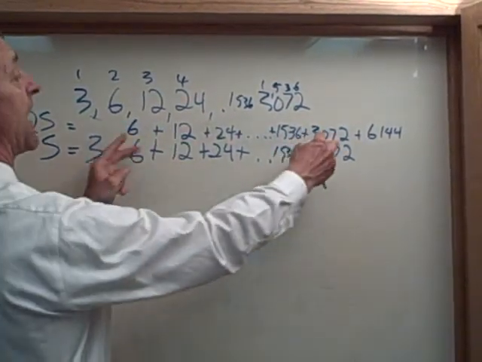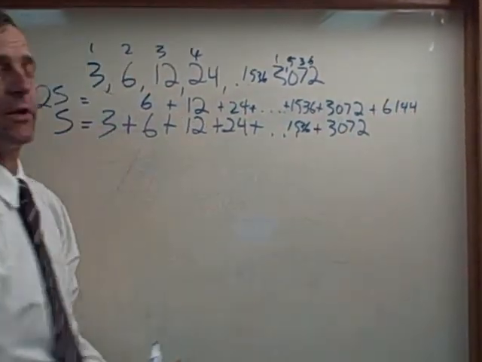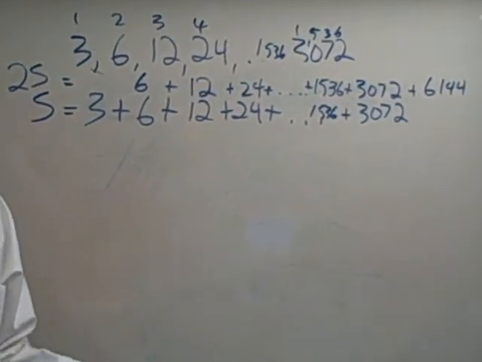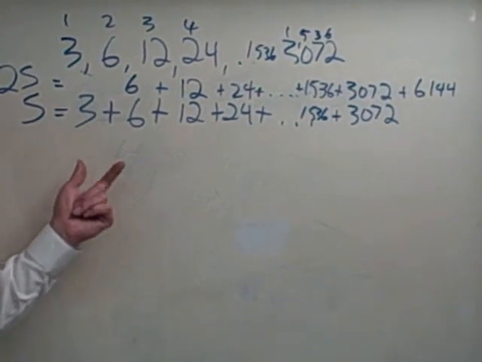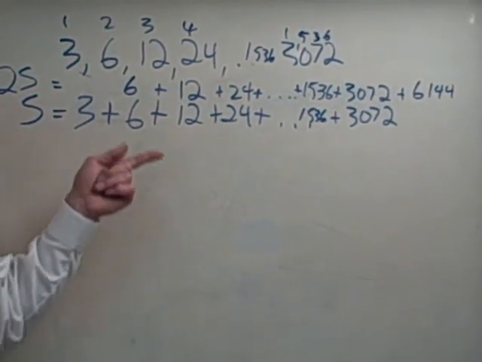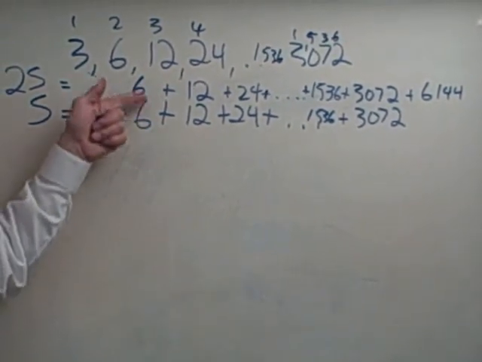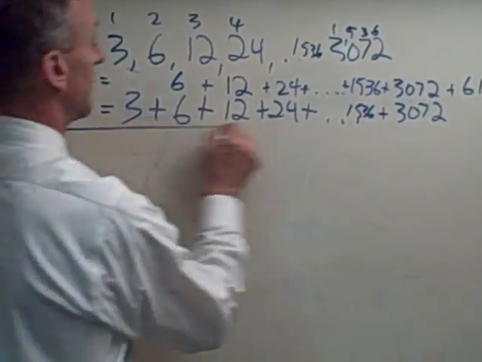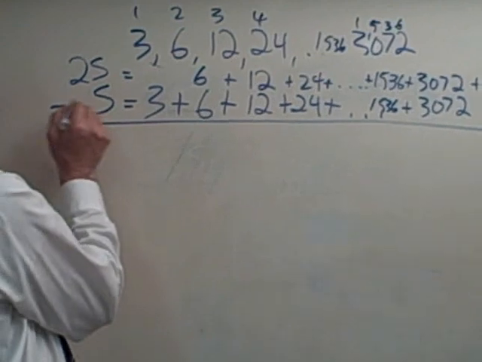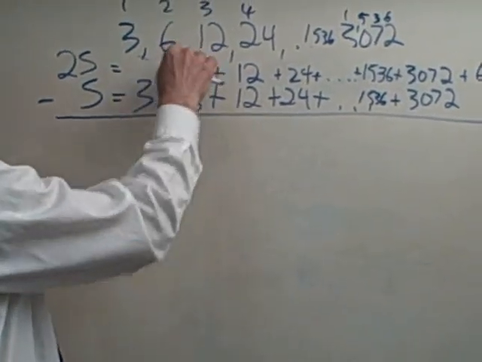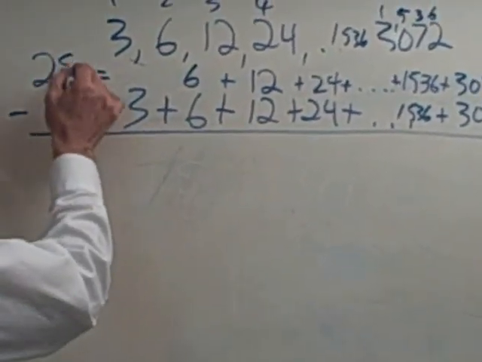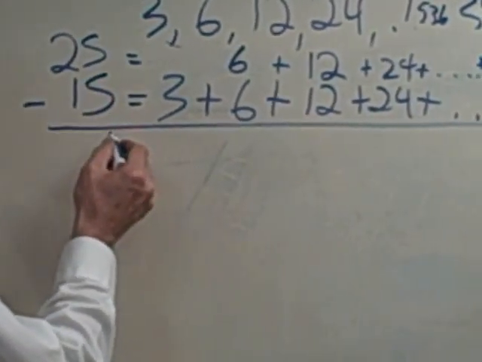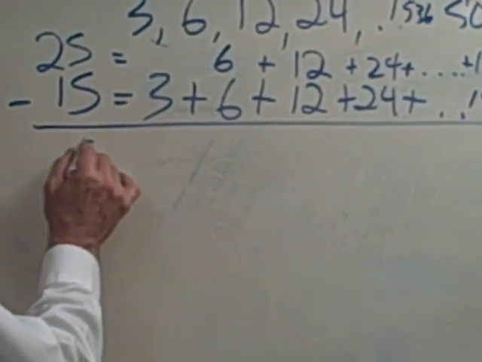And on this side, I kind of staggered it 1 unit to the right. The reason for that I'll show right now. We learned in solving linear systems, we have a system of two equations here, and I'm going to subtract this bottom equation from the top equation. 2S take away S, or 2S take away 1S, is S, right?